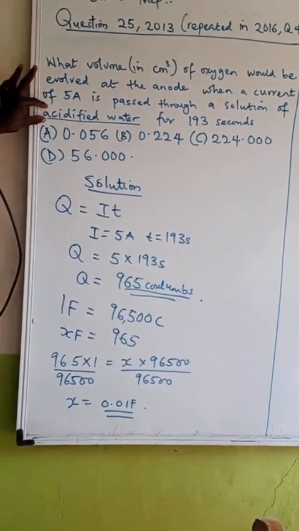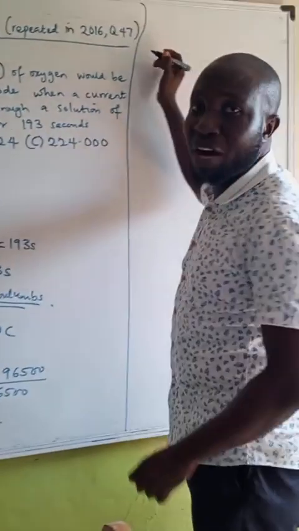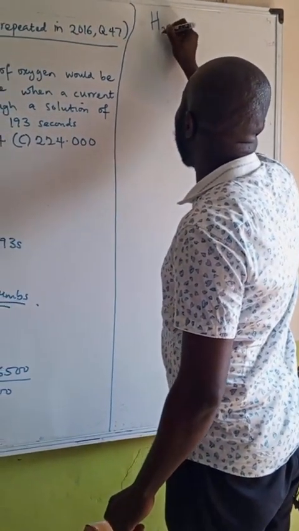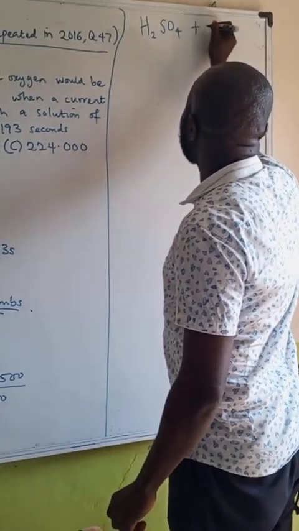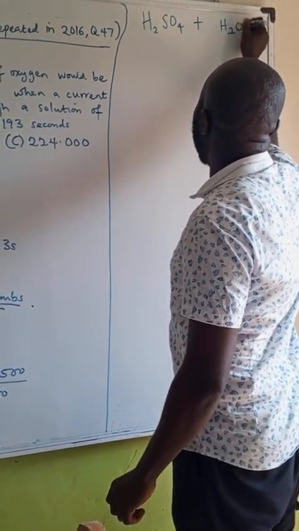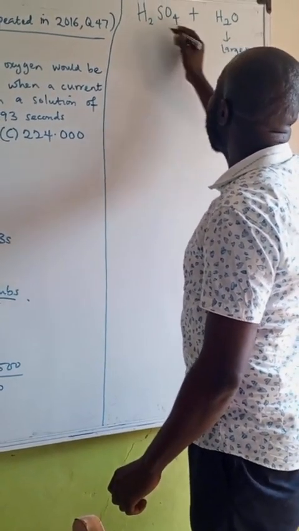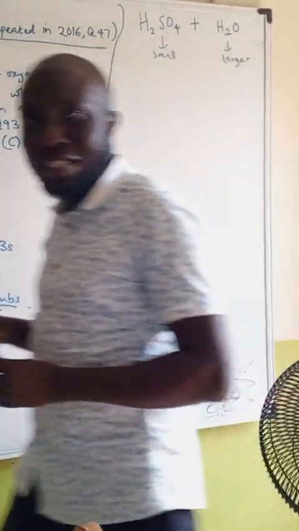Electrolysis of acidified water. What are the components of electrolysis of acidified water? The components are tetraoxosulphate(VI) acid plus H2O. A larger quantity of water is mixed with a very small quantity of acid.